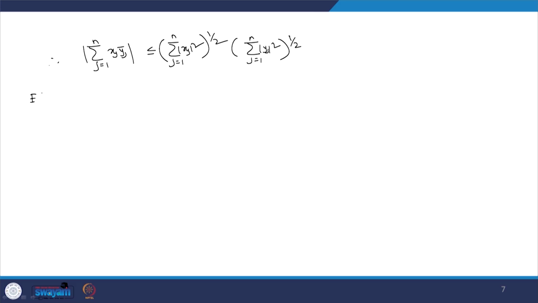Now, let me consider another example, the space of continuous functions.